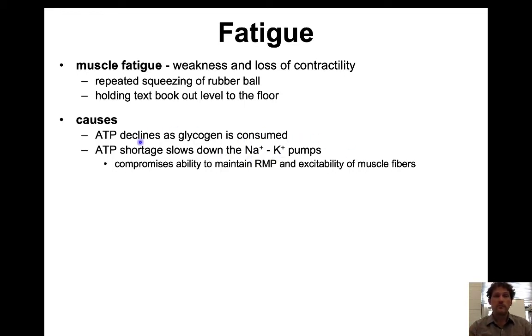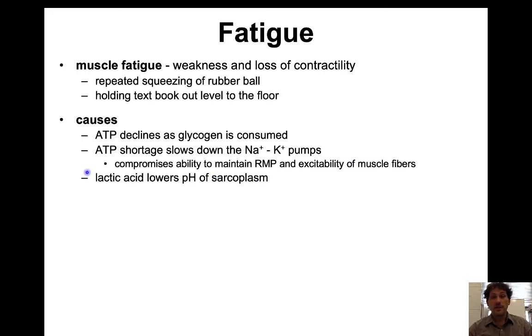So that reduces the functionality of those sodium-potassium pumps, and that therefore can compromise our resting membrane potential. And so if we're decreasing that ability to maintain that resting membrane potential, then that may change the excitability of those muscle cells.